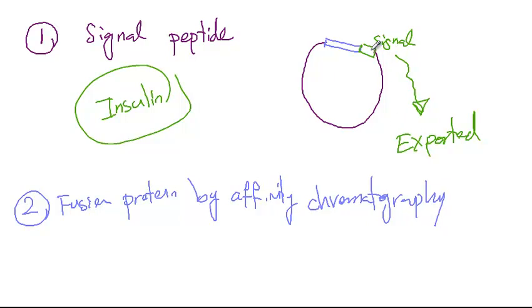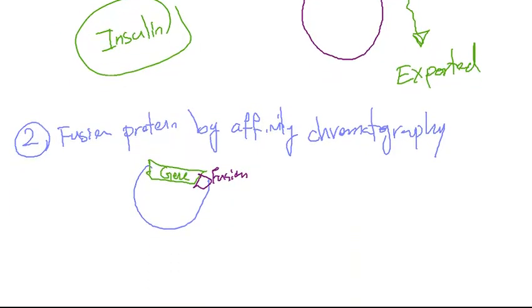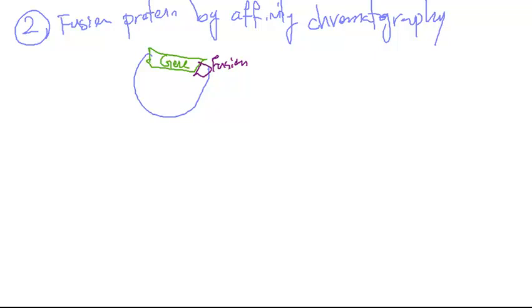Here we will do the same experiment, except that for our gene of interest right here, so this is our gene, we will add a fusion protein right there, and then the product of the cells we will run against gel chromatography. So here we have the gel chromatography.